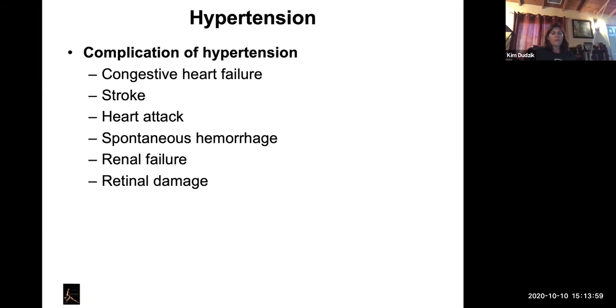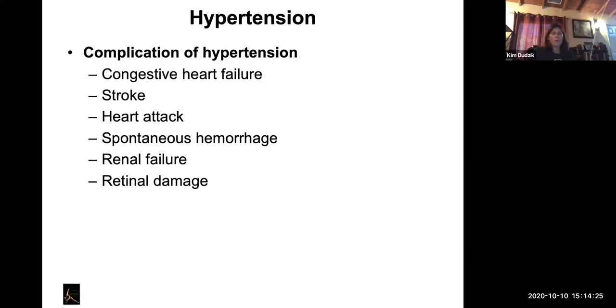So you can see the list of problems that can occur if you don't control your blood pressure. And blood pressure is one of the easiest things to monitor over time. You can pick up a blood pressure monitor at CVS, Rite Aid, whatever, get a coupon, spend $20, and it can save you hundreds of thousands of dollars in medical bills in the future and save your life.